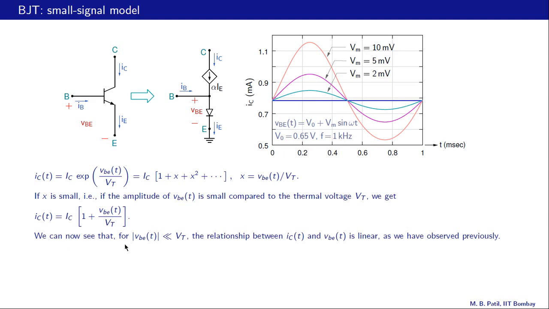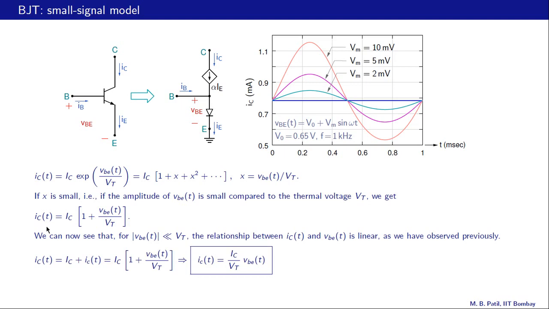And we can now see that for VBE much less than VT in magnitude, that is x much less than 1, the relationship between the instantaneous collector current and the signal VBE is linear, and we have actually observed that previously.